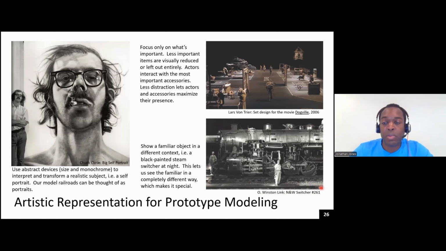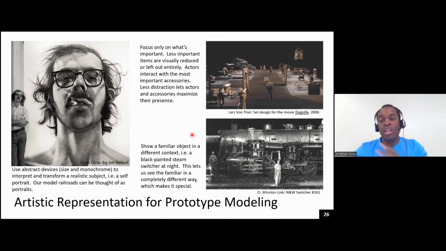Many of us are familiar with this photographer, Owen Stenlake. This is NNW switcher number 261. And this image shows a tool of taking an everyday and ordinary object and putting it in a completely different context.